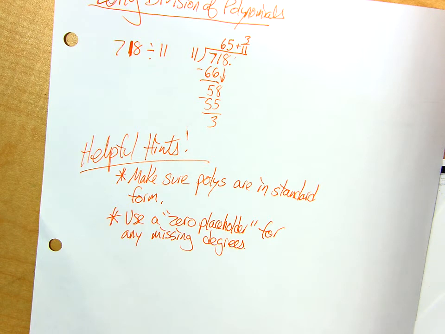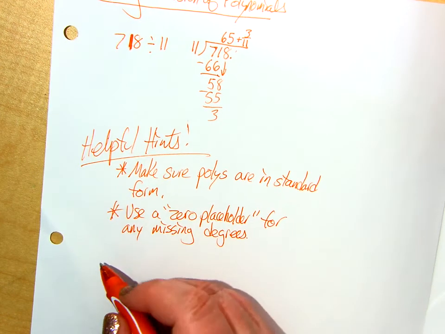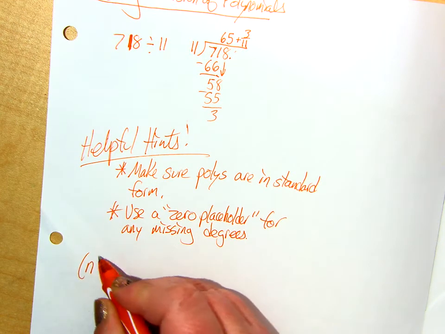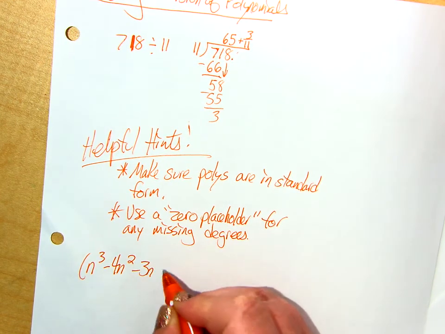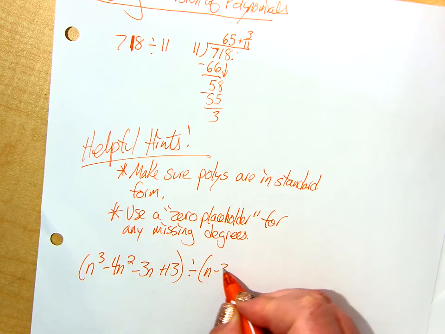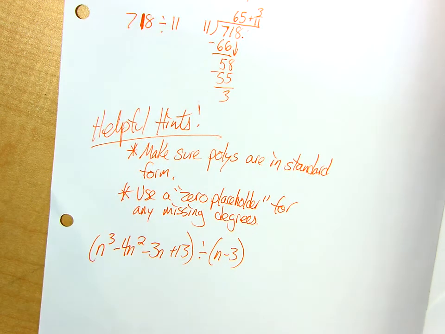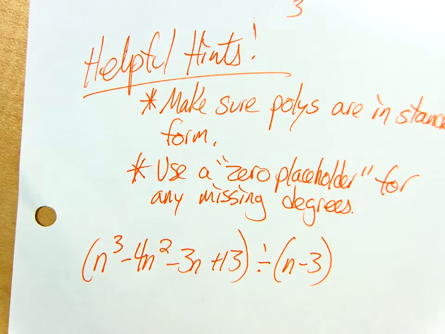Let's start off pretty easy. How about number 9? Number 9 looks great. So I'll recopy number 9 right here: n to the third minus 4n squared minus 3n plus 13. And I'm going to divide that by n minus 3. First, I want to make sure that they're both written in standard form.